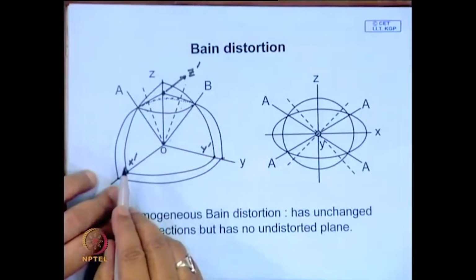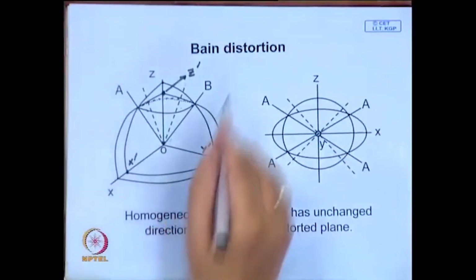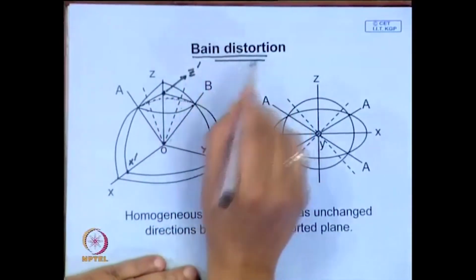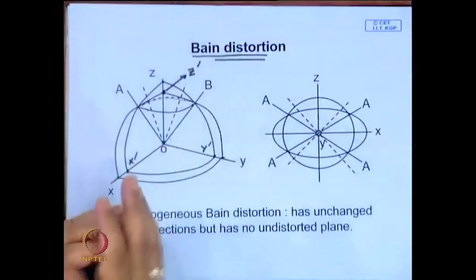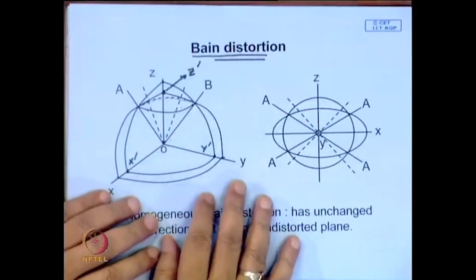Now, suppose this Bain distortion, so that means Bain distortion is a severe distortion, how will this be accommodated in the lattice? So, we know that crystals can undergo, if there is too much distortion or too high a stress, the material deforms, its shape changes either through slip or through twin.